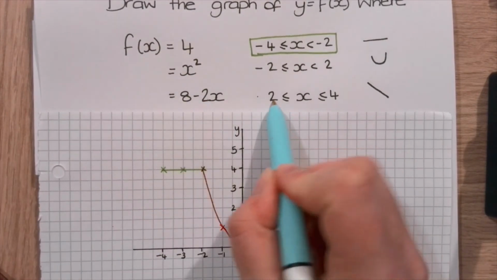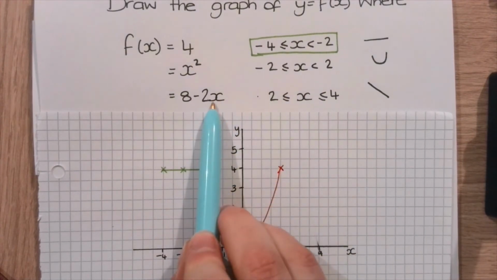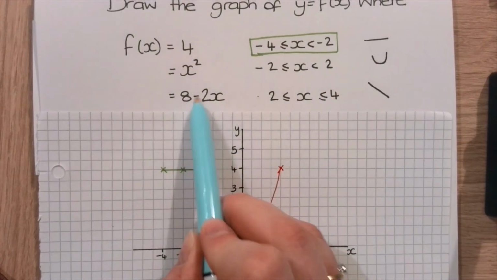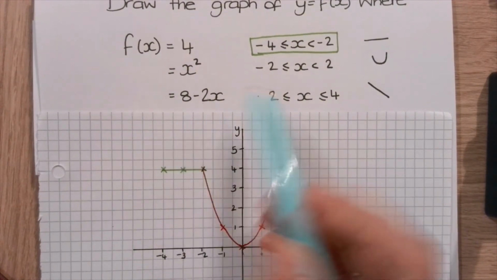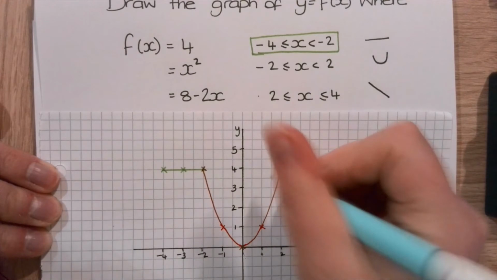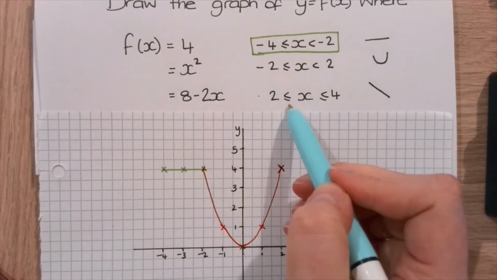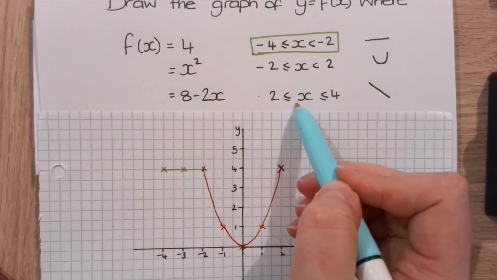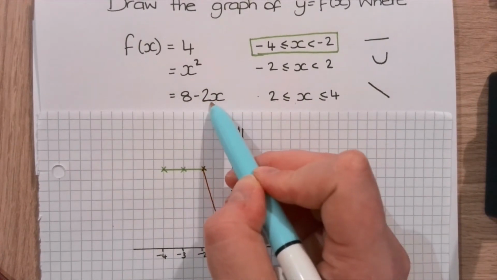So my first x value, continuing on, is 2. So I'm going to substitute 2 into the x. So 8 take away 2 times 2, 8 take away 4 is 4. So when x is 2, the y value is 4. Then I'm going to do my x equals 3. So 8 take away 2 times 3. 2 times 3 is 6.